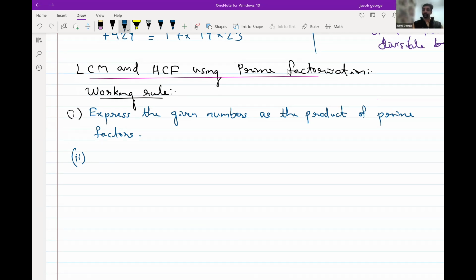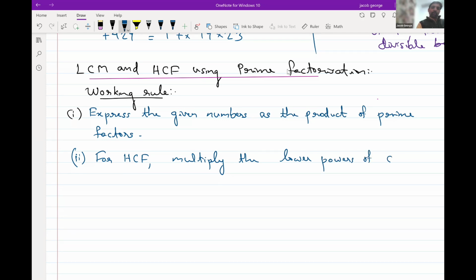Second point, number 2. For HCF, multiply the lowest powers of common primes.